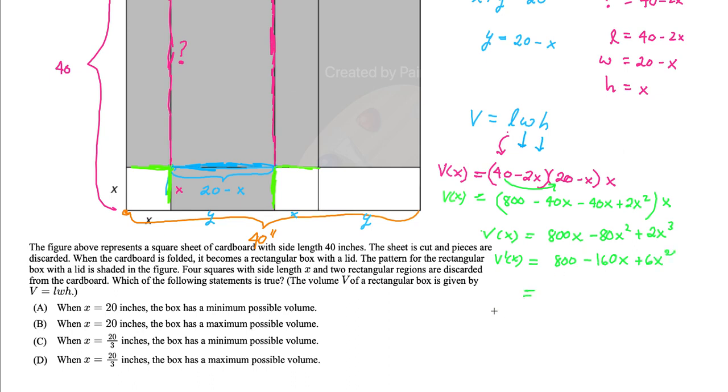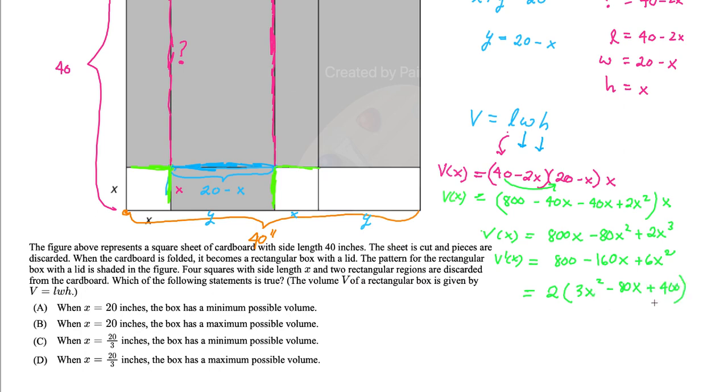And then now here I could factor out at least the 2. But I'm going to have to factor this quadratic. And that's going to be maybe a little bit of a pain, but let's figure it out. So we have 2 that can come out. I'm left with 3x squared minus 80x plus 400.